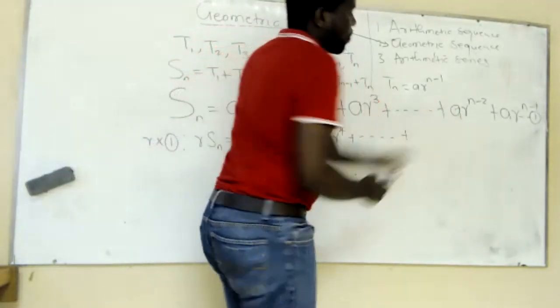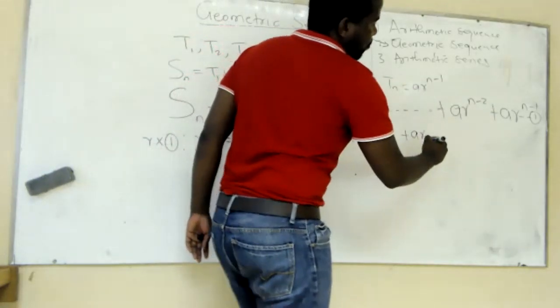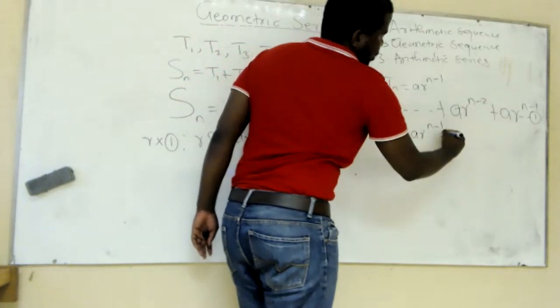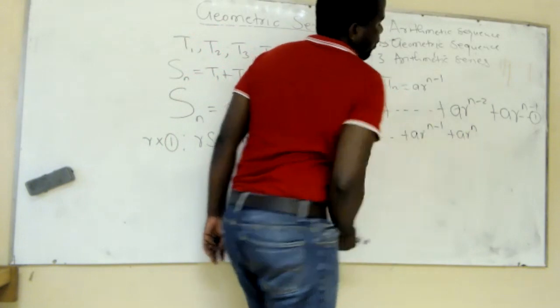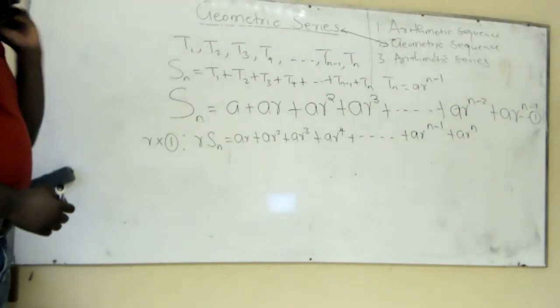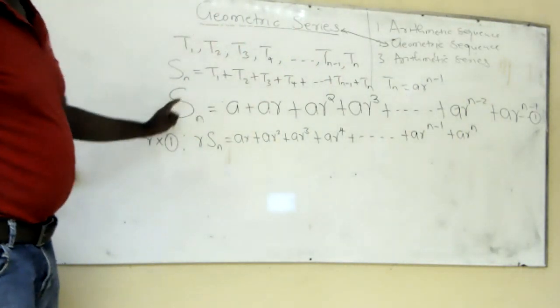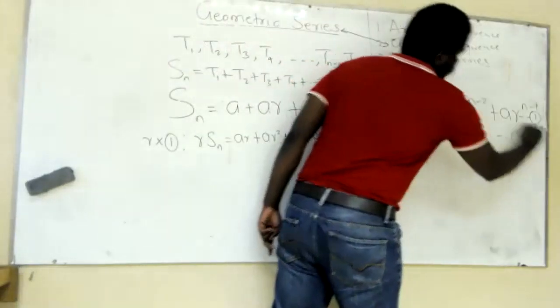And that side, when we multiply this by r, is going to be ar to the power of n minus 1. And then the last one is going to be ar to the power of n, like that. So that is the information we have now after multiplying equation number 1 by r. And this will be equation number 2.